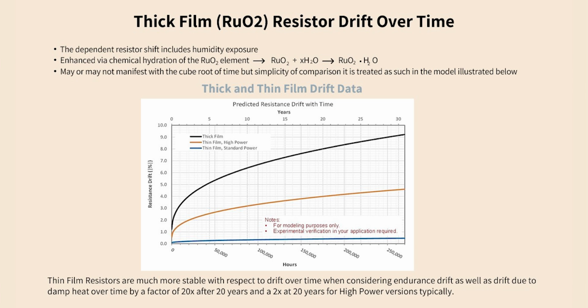High-power thin film versions show slightly more drift but remain far superior to their thick film counterparts. While thick film resistors offer cost advantages, their susceptibility to environmental drift makes them less suitable for precision applications. Thin film resistors, with their superior stability, are a better choice for designs requiring long-term reliability with minimal performance degradation.